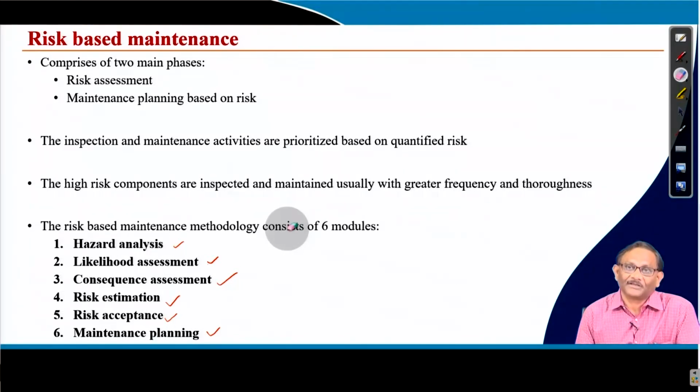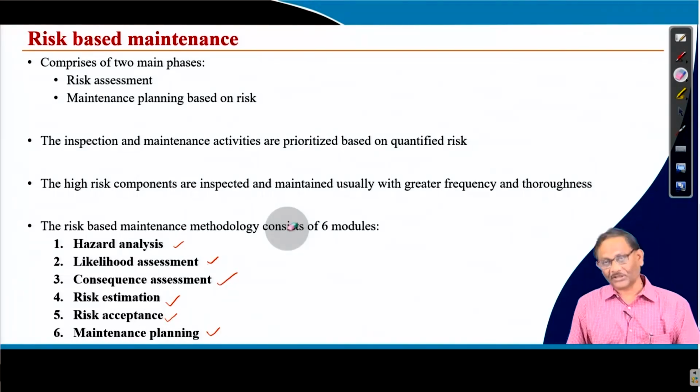But whatever may be the things, when you are talking about hazard identification, risk assessment, and then finally how to improve the performance of the system or component, one way or another inspection and maintenance play a significant role. In that sense we are basically talking about it.